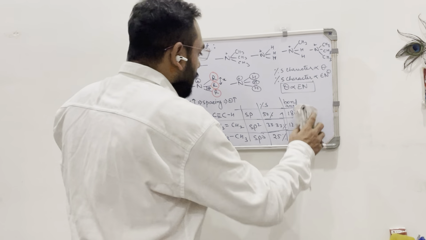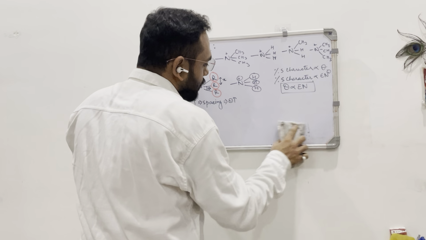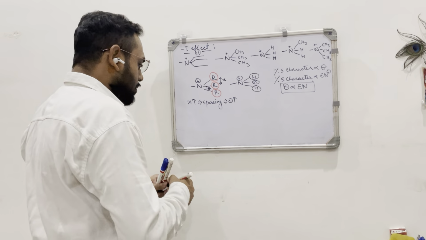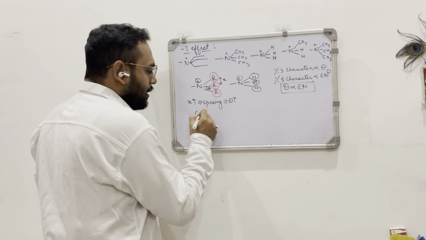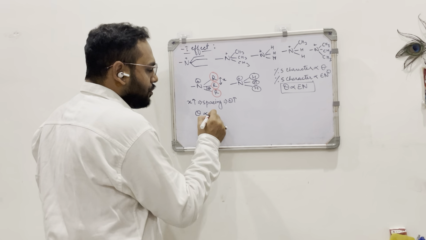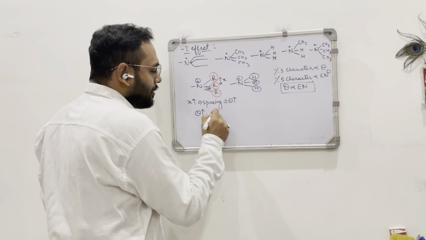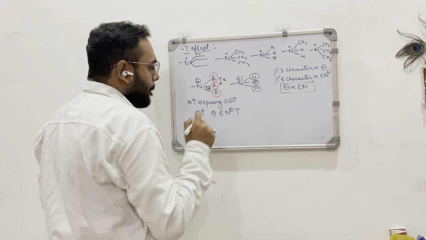Now if I bring back this conclusion which I have derived from chemical bonding over here, I can say that theta is directly proportional to electronegativity. So when theta is increasing, electronegativity is also increasing.